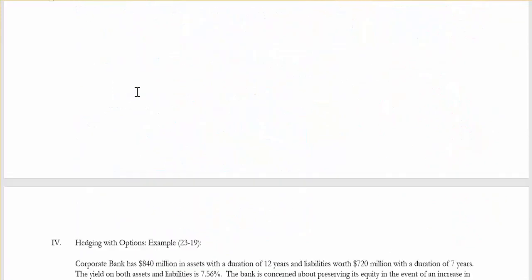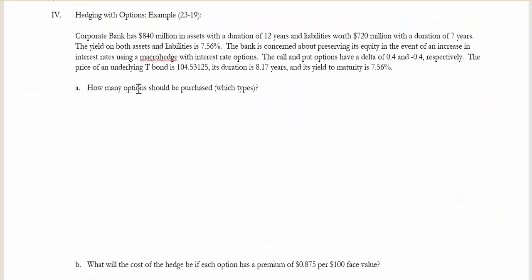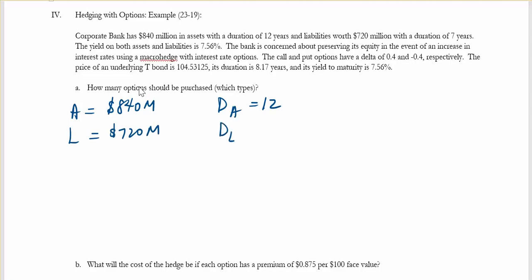All right, well, let's apply all this to an example. A corporate bank has $840 million in assets with a duration of 12 years and liabilities of $720 million, duration of 7 years.